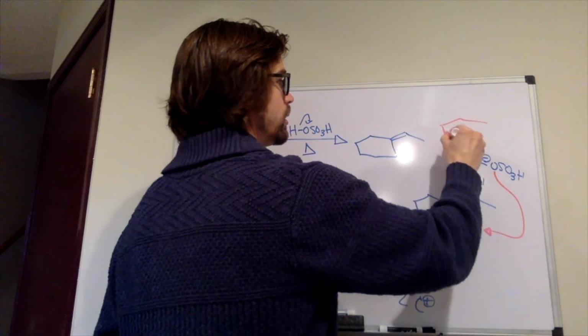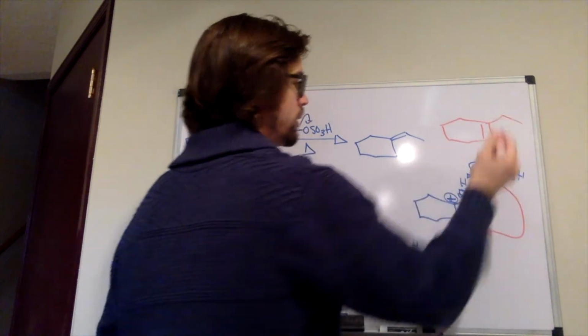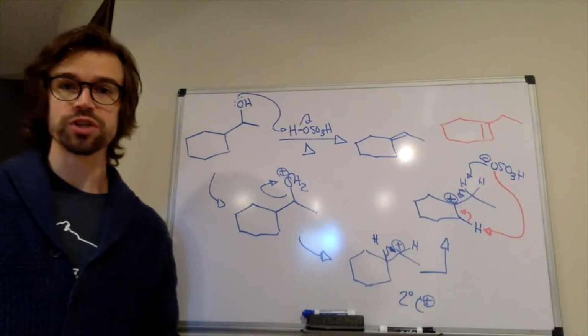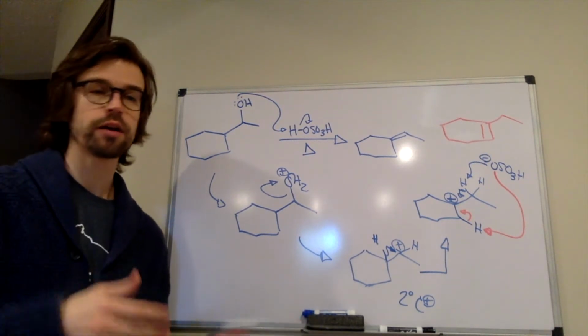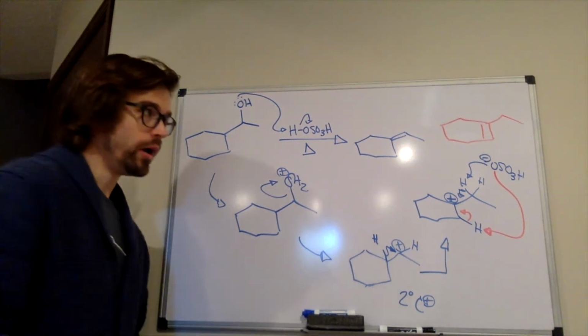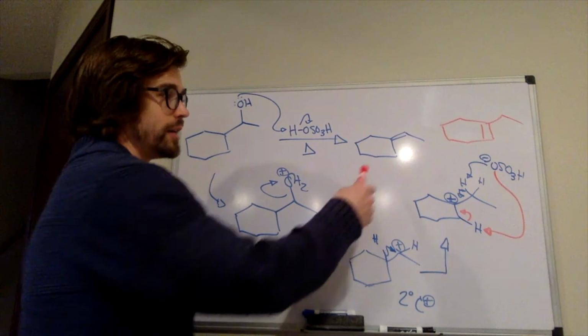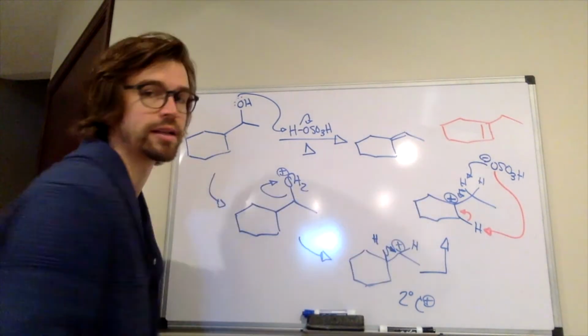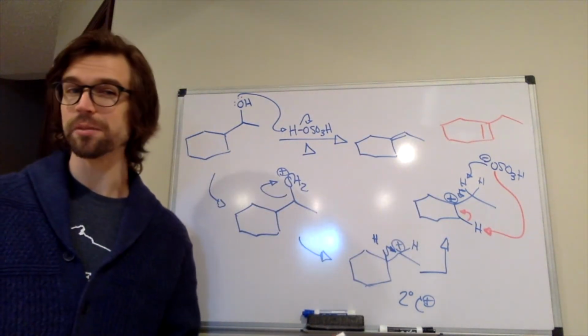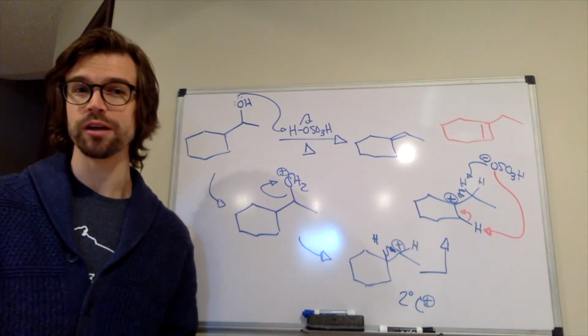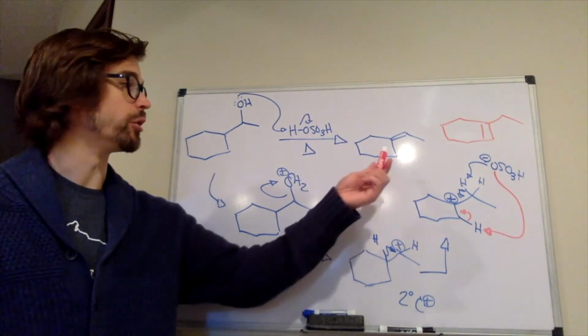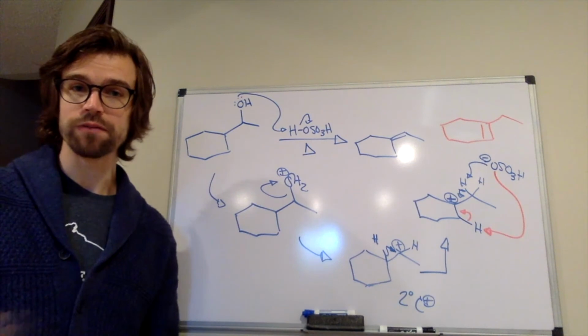That would produce this structure. So which of these is going to be the favored product? Well, we have a tri-substituted alkene versus a tri-substituted alkene. Both of them are pretty similar in stability then, right? So we're going to get a pretty messy mixture here where we would have that and that in roughly equal amounts.